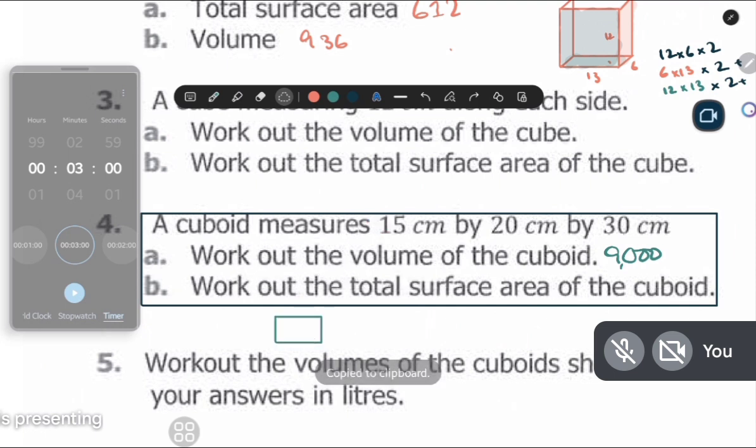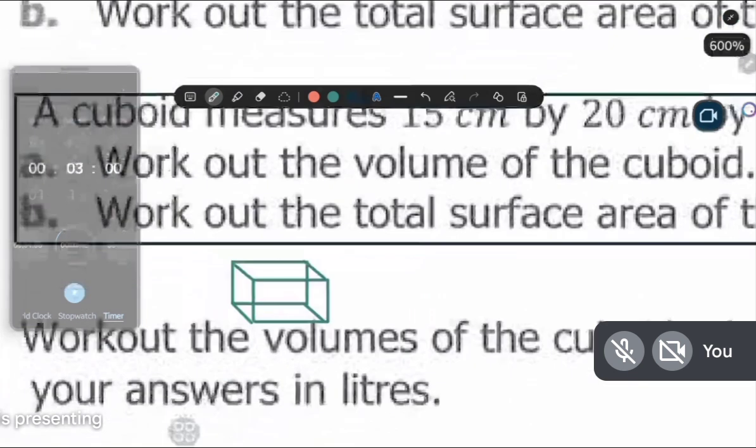So what was the value? 35. 30 is length. 20 is edge.